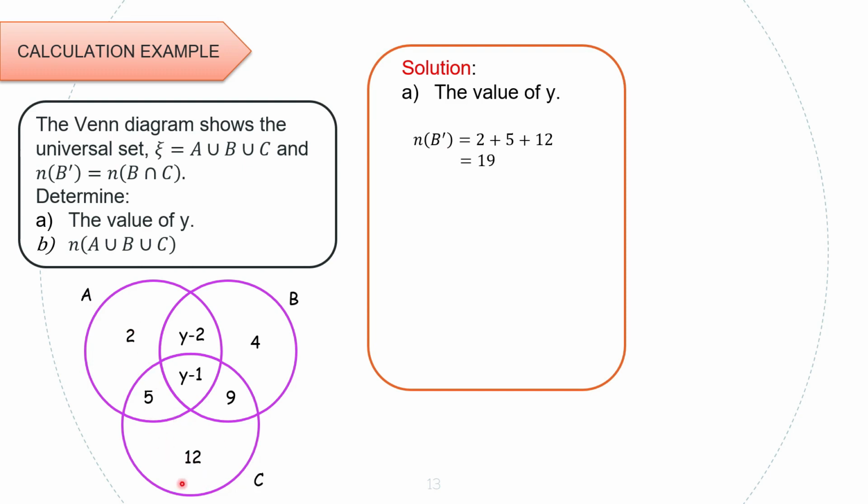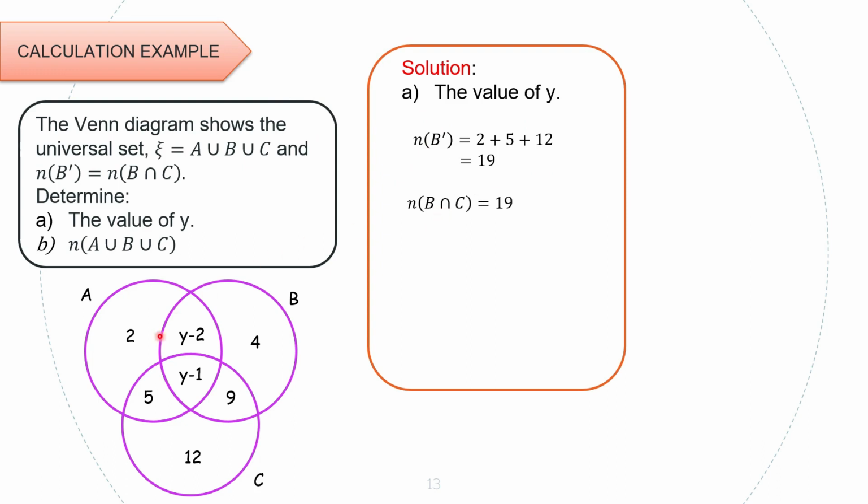This is the number of elements of the complement of set B. Then we solve it and find that the number of elements in the complement of set B is 19. So it is equal to the number of elements in B intersect C. From this question, this is equal to this.